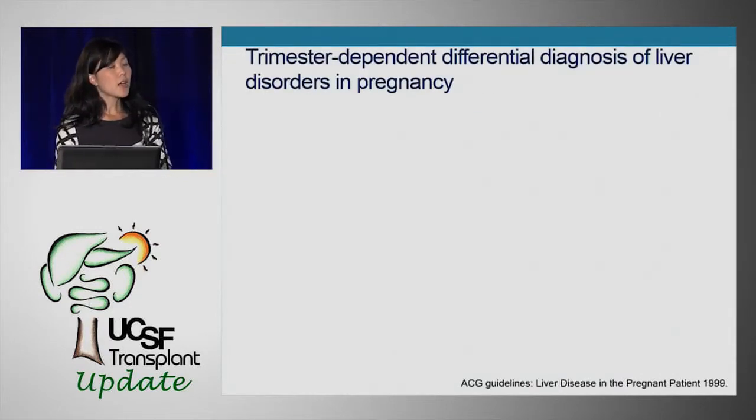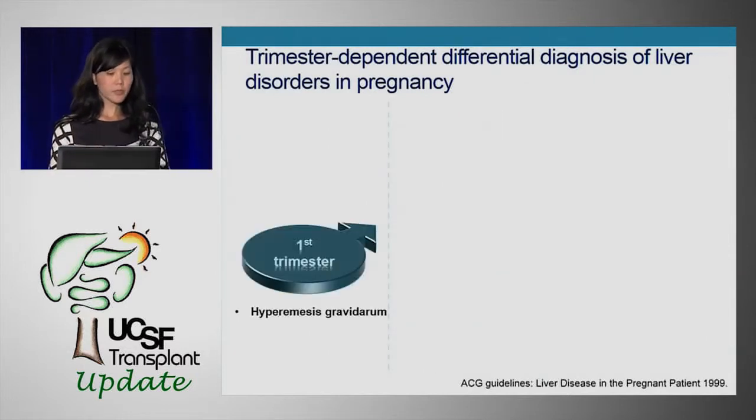So when you are being consulted on a woman who's pregnant with abnormal liver tests, the differential diagnosis actually can be divided by trimester. In the first trimester, there's really only one liver disease that is unique to pregnancy that can cause abnormal liver tests, and that's hyperemesis.